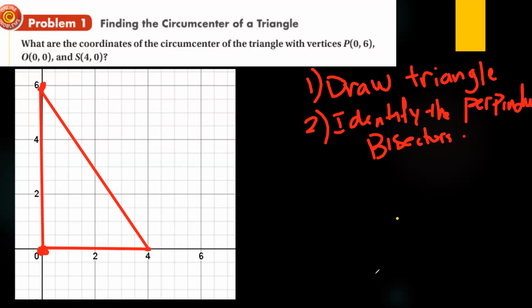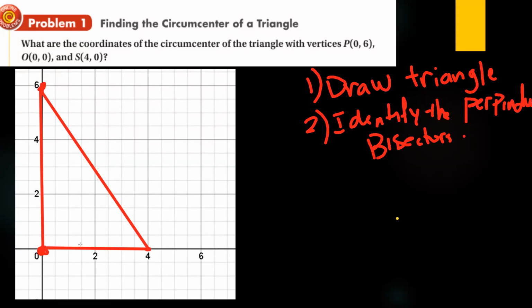So what do we need to do to draw bisectors? So this is my line. Now I need to draw the perpendicular bisector. The perpendicular bisector must be perpendicular and cut the side into 2 equal halves.